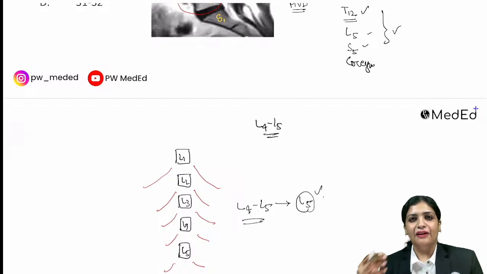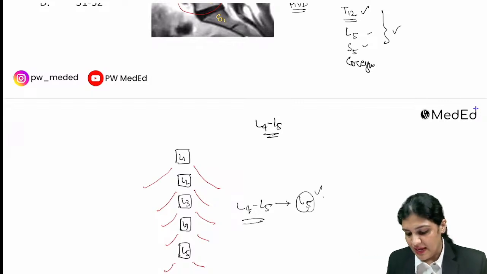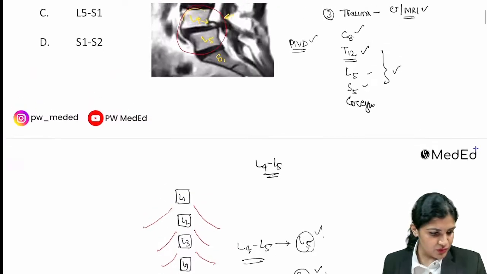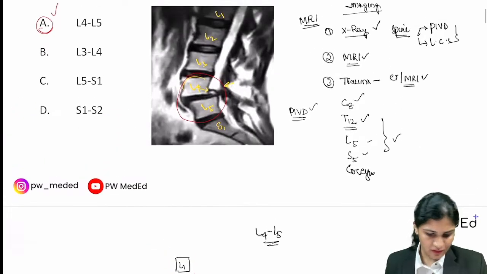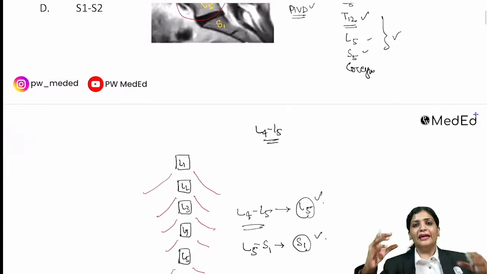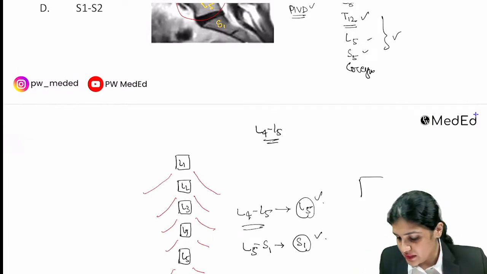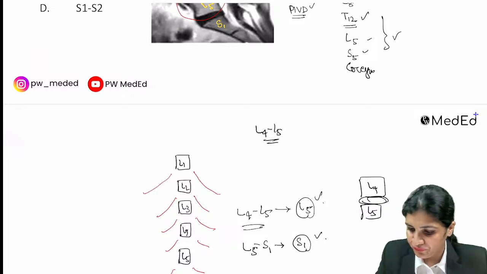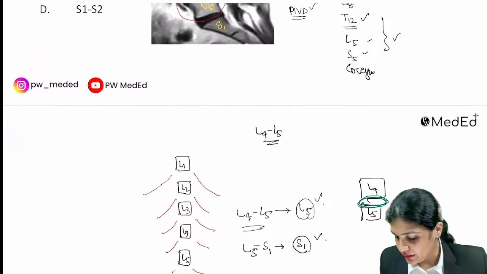So this is the L5 nerve which gets compressed. And similarly, if there is a disc prolapse between L5 and S1, the S1 nerve root gets compressed, right?